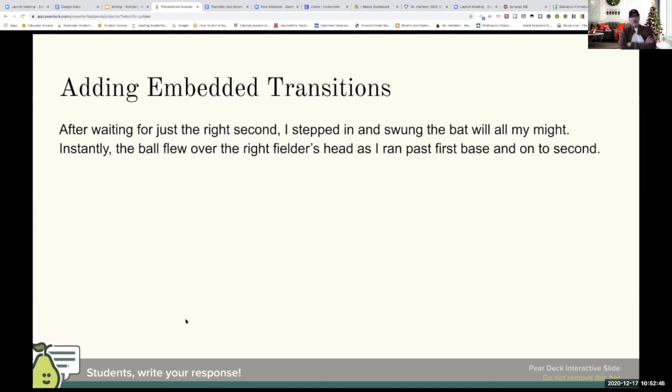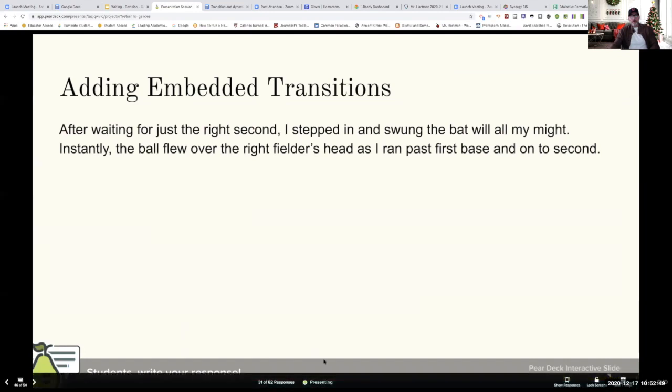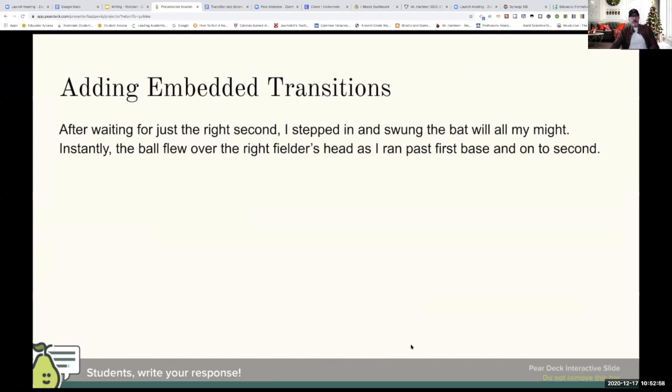Those of you who are typing, continue typing. I'd like to get to 50, but if you had to guess right now, what would it be? I need one transitional phrase and two transition words.